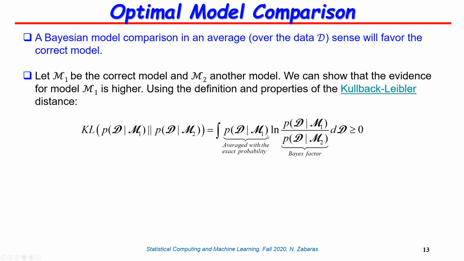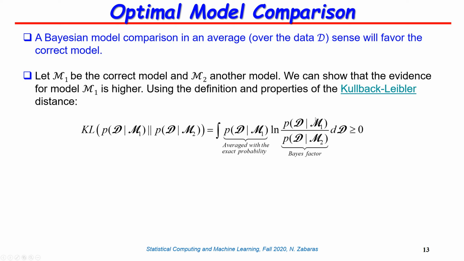So if I use the definition of the KL distance, and remember the KL distance is always greater or equal to 0, if you look at this equation, you can see that on average with respect to the exact marginal likelihood, this probability here that corresponds to the exact model, minimizing the KL distance points to the model M1 being the correct model, because the only way for this to be greater or equal to 0 is for this ratio to be greater or equal to 1, which implies that the model M1 has to be the correct model.